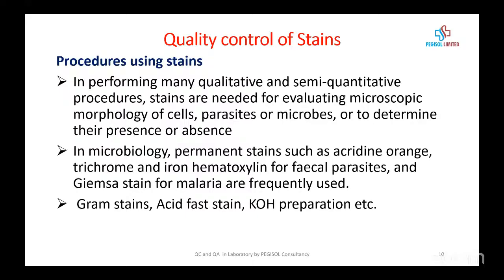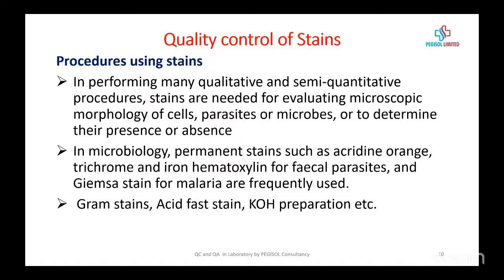You will use stains majorly in microbiology and also in histology. In performing many qualitative and semi-quantitative procedures, stains are needed for evaluating the microscopic morphology of a cell, parasite or microbe, or to determine the presence or absence of an organism or of something that is of interest.